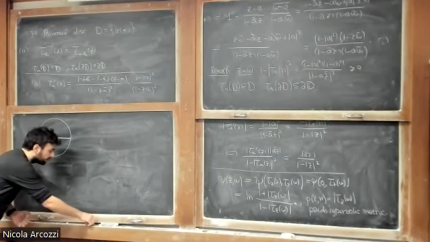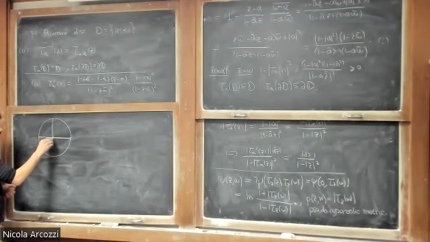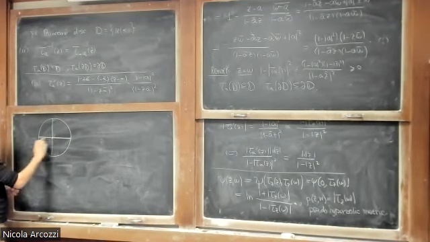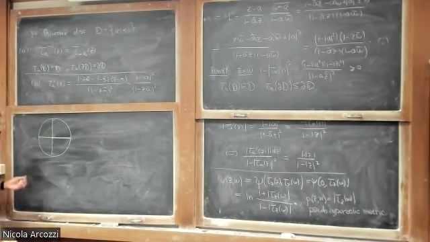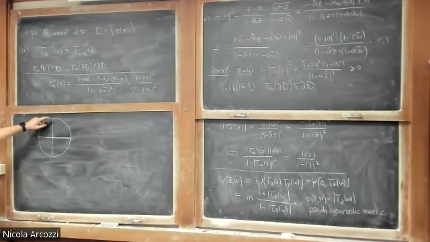So, for example, if I take this geodesic, which is orthogonal to the boundary of the circle, and on this diameter, then it will be mapped by this Mobius transformation to some arc of circle, which must be also orthogonal.